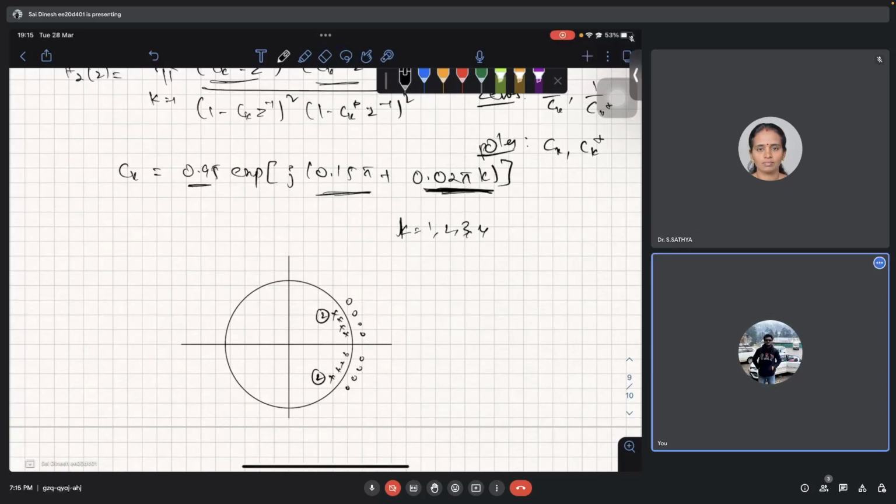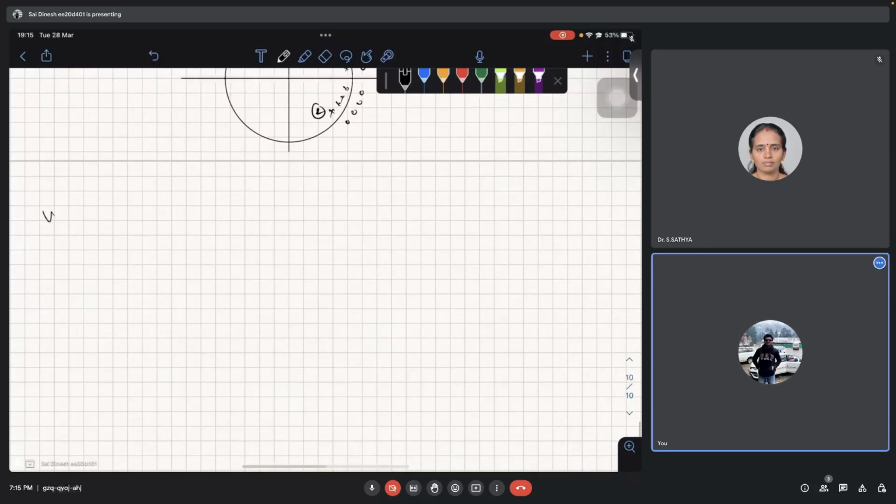Now the value of the group delay tau g of omega for omega not equal to 0.19124 pi is what we need to find out.